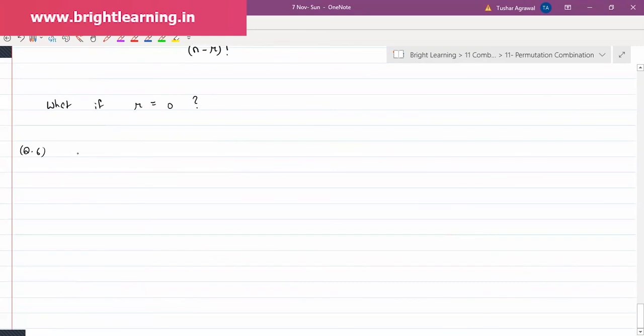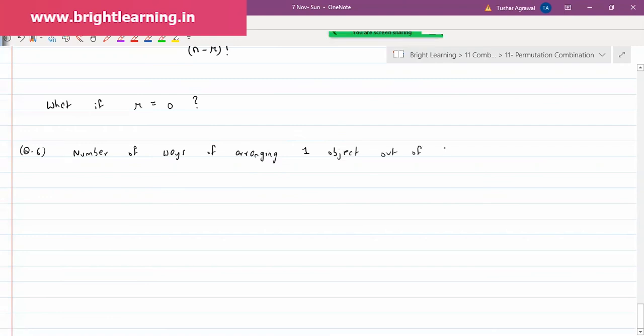Question number 6: the number of ways of arranging one object out of 5 distinct objects without repetition is equal to how much?